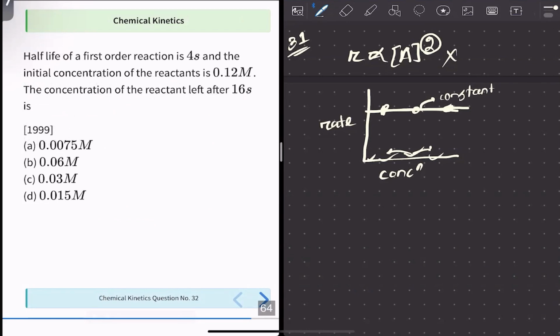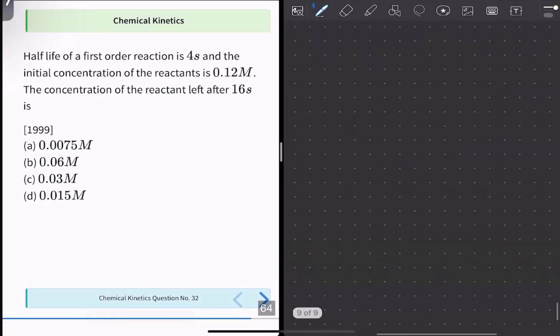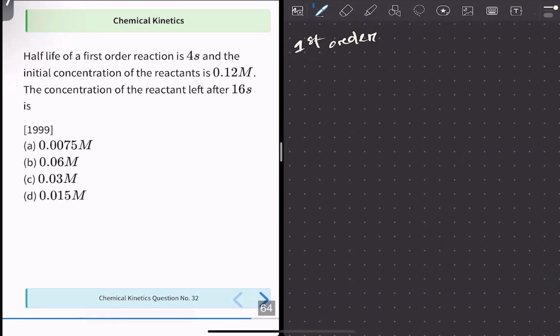The half-life of a first order reaction is 4 seconds. So T half is equal to 4 seconds. The initial concentration of the reactant is 0.12 molar. What is the concentration of the reactant left after 16 seconds?